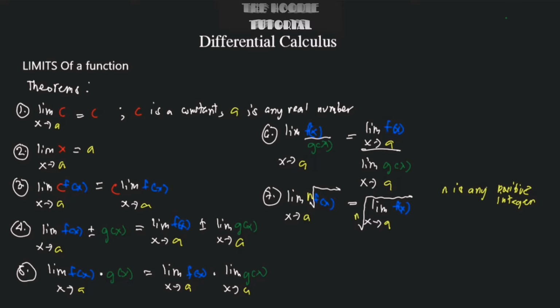And then f of x, sorry, let's color it blue. f of x is greater than or equal to 0 if n is even.